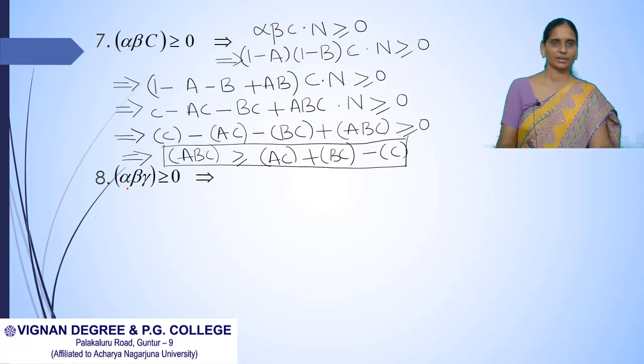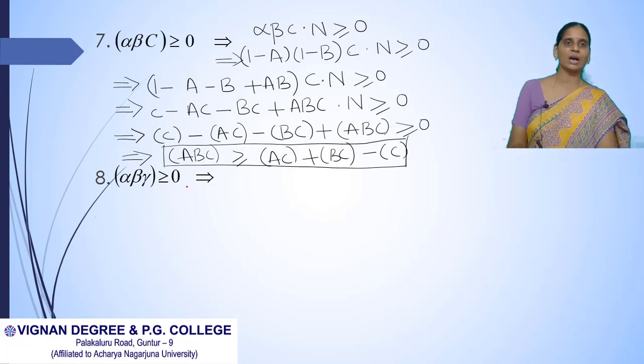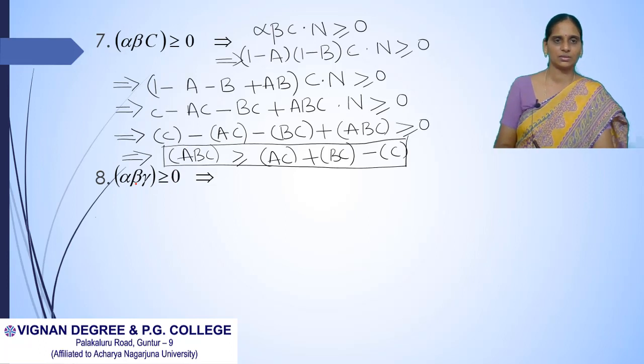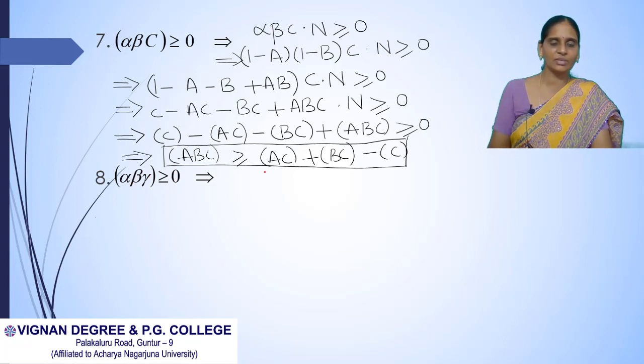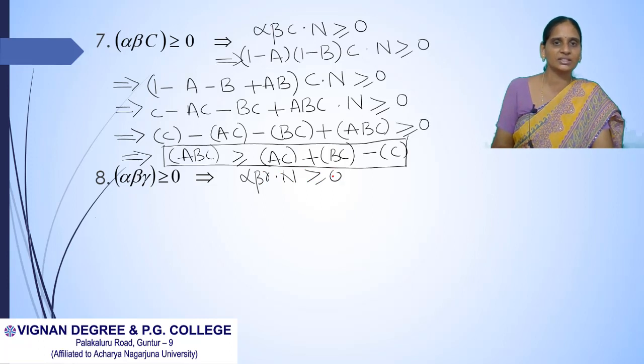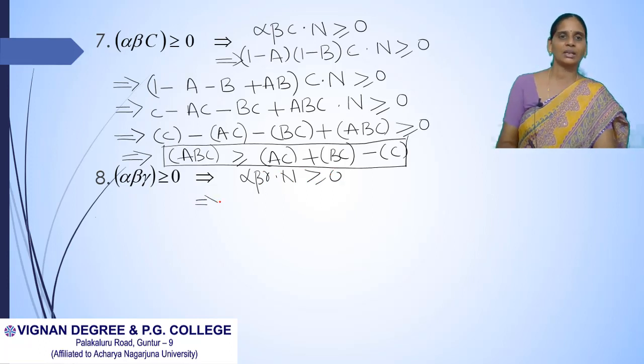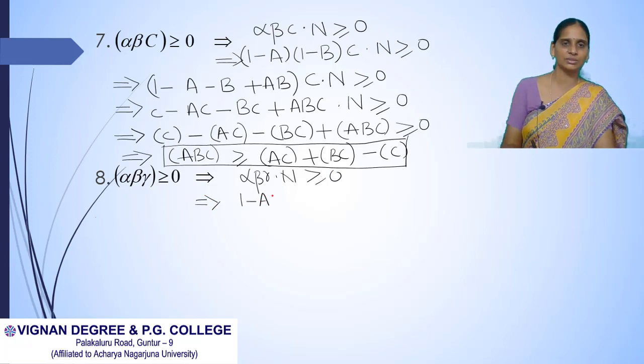And the eighth condition, frequency of alpha beta gamma is greater than or equal to 0. Again, frequency of alpha beta gamma can be written as alpha beta gamma into N, which is greater than or equal to 0. Again, alpha can be written in the terms 1 minus A. Beta can be written as 1 minus B. So next one is gamma.